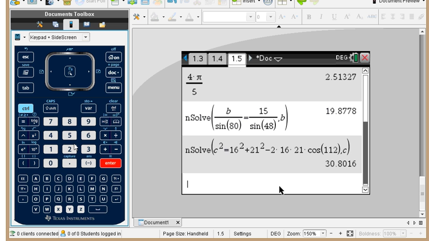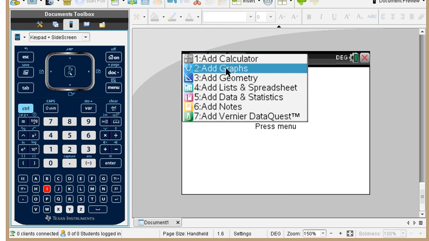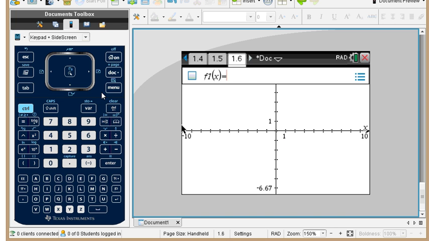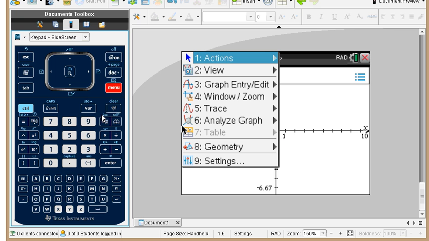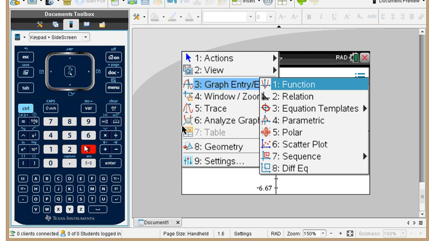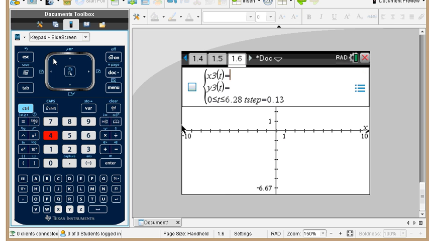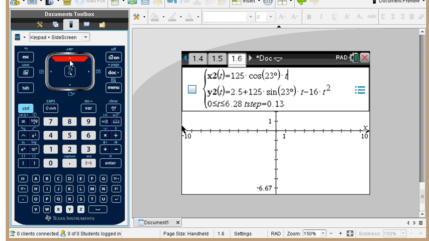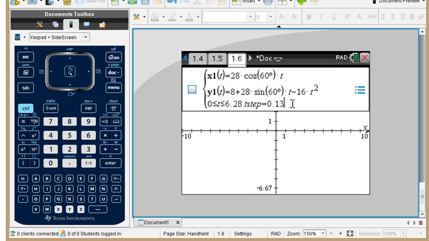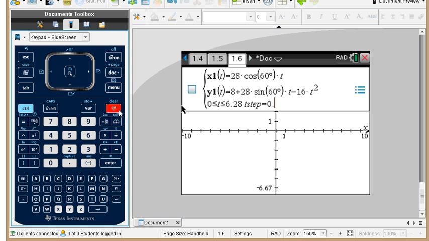What I did for this one is I pre-entered this equation here, and I'm going to go to parametric equation, 3, 4, parametric, and I'm going to go up here, and this is it, pre-entered right here, the x and the y equations. I'm going to go down here and change that to 100th of pi, which is 0.031.